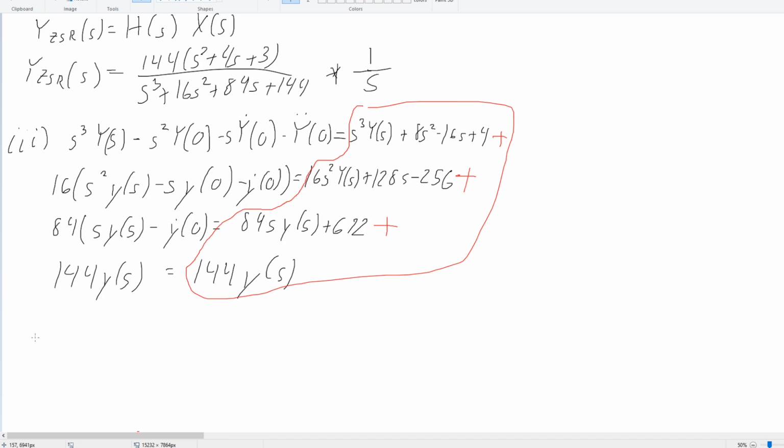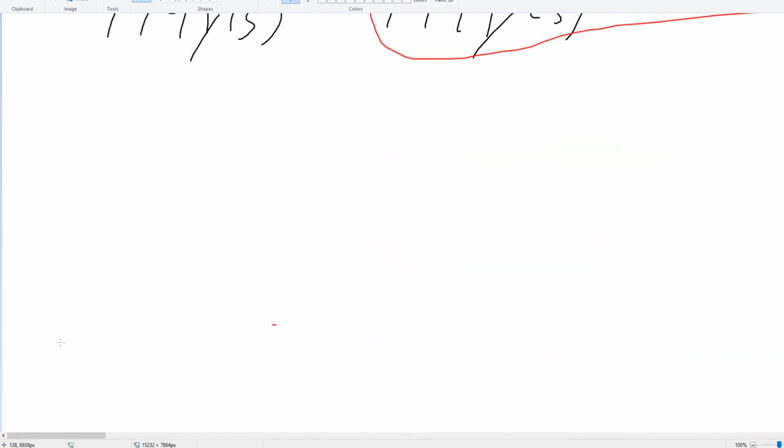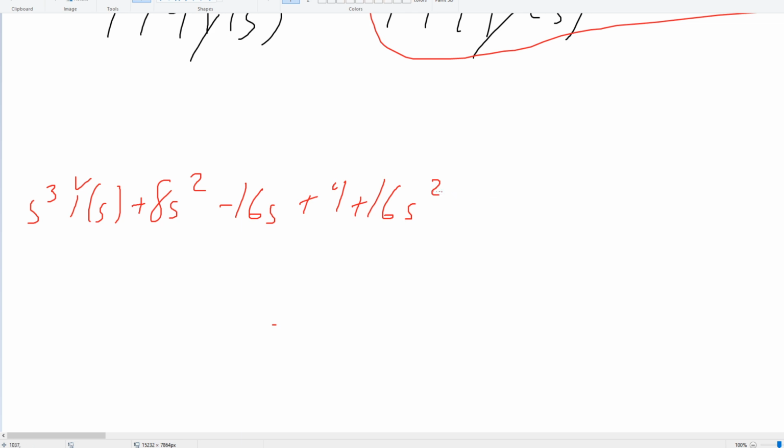Let me zoom in a bit. So we're going to write s cubed ys plus 8s squared minus 16s plus 4 plus 16 s squared ys.